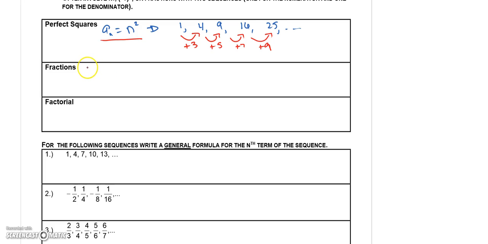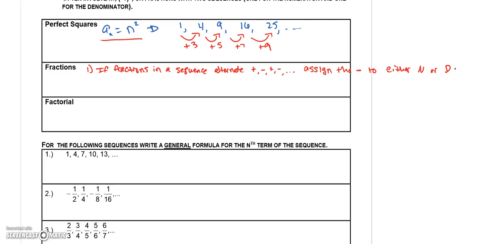Fractions. A couple things about fractions. First thing is, if you ever have fractions in a sequence that alternate between positive, negative, positive, negative, for all the negative ones, assign the negative to either the numerator or the denominator. You can't assign it to both, right?